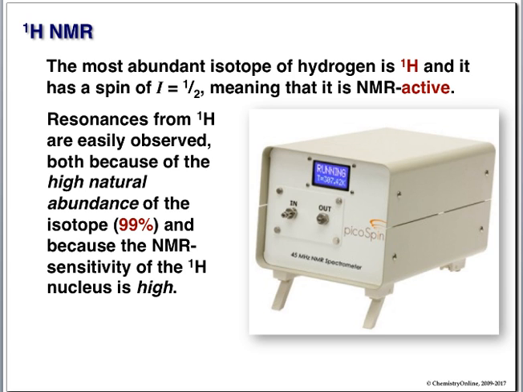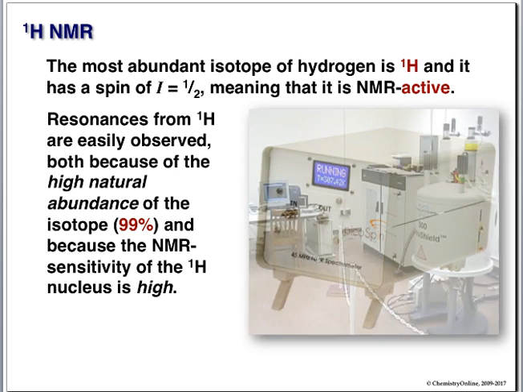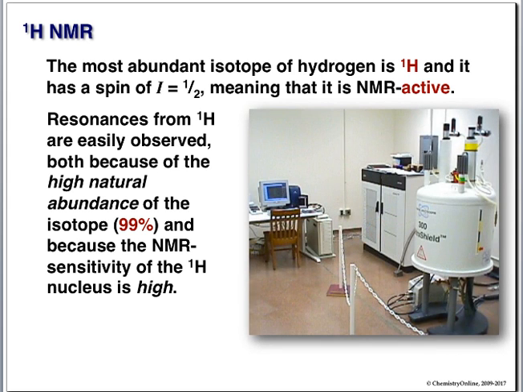Believe it or not, this is a real NMR spectrometer. 45 megahertz, permanent magnet, but it's a nice little machine. This is what one looks like in real life. This is a 300 megahertz. Again, it's liquid nitrogen cooled. Some of them are liquid helium cooled. Your sample goes in here, computer, and so on.